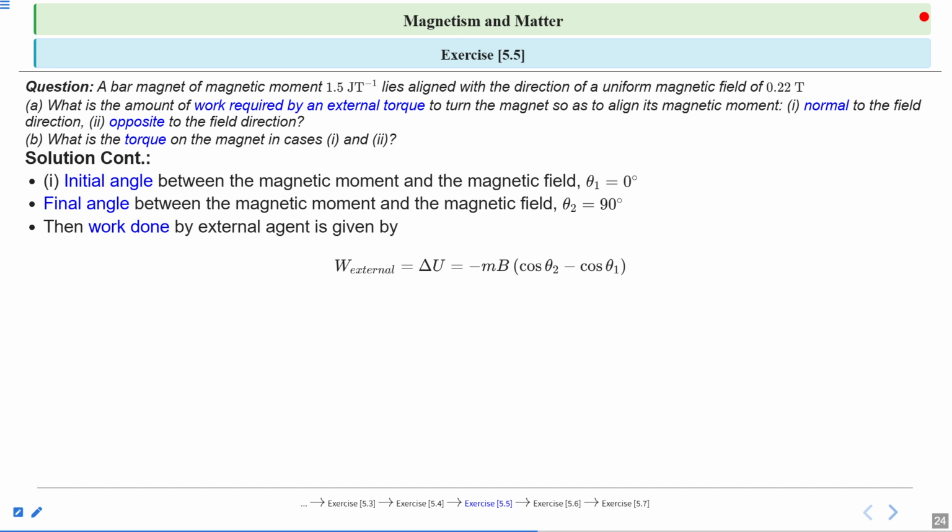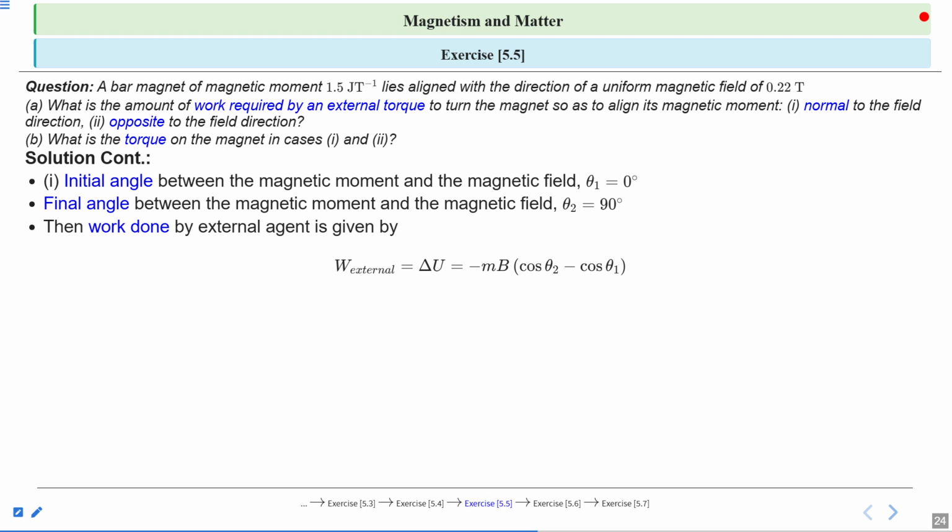So minus mB cos theta 2 minus minus mB cos theta 1, which becomes plus. Taking minus mB common, it results in minus mB (cos theta 2 minus cos theta 1). Understood? Delta U is equal to U_F minus U_I.